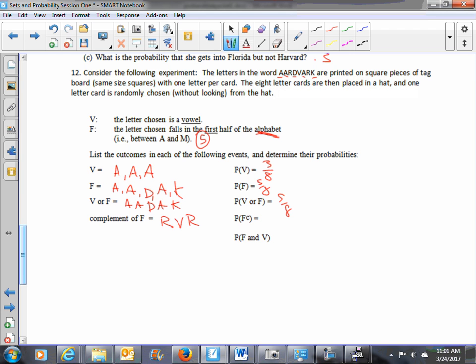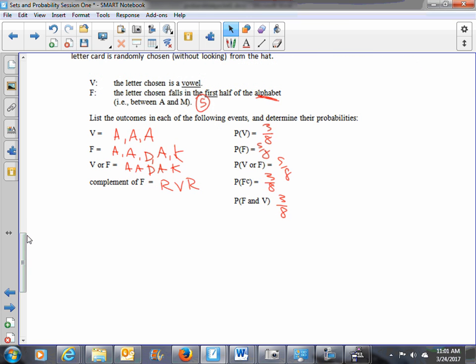The probability of F complement would be 3/8. The probability of F and V would be V, actually, which would be 3/8 again. And we're finished with that one.